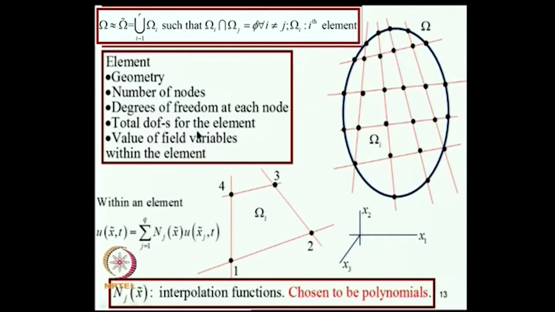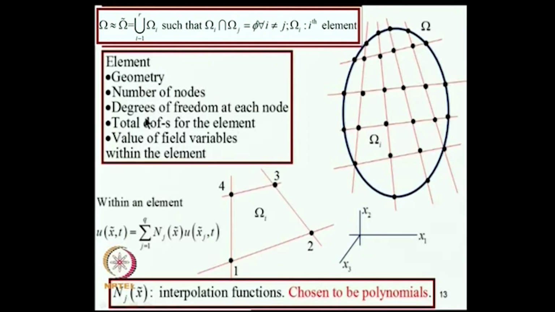And the total number of unknown coordinates assigned to each element is known as the total degrees of freedom for the element. Then how do we determine the value of the field variable within the element? Suppose I know the value of the field variable at the nodes, how do I get the field variable within an element? These are some of the issues that we need to address when we talk about an element.